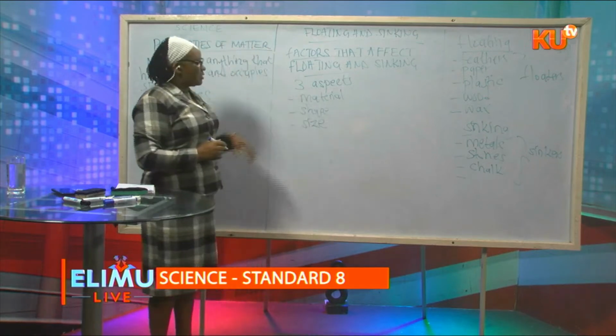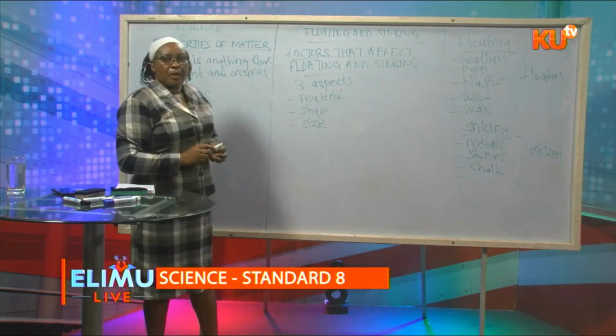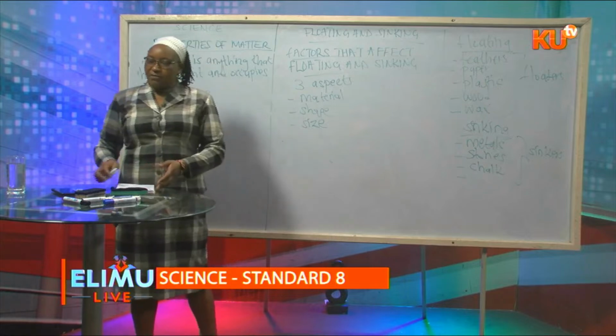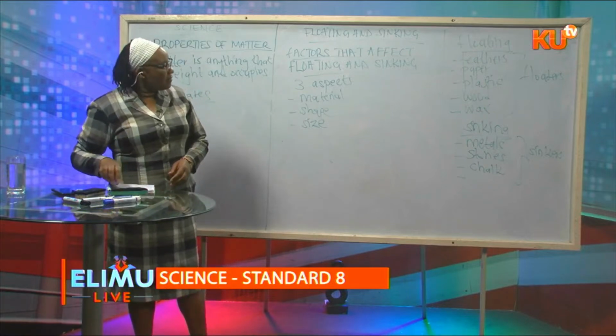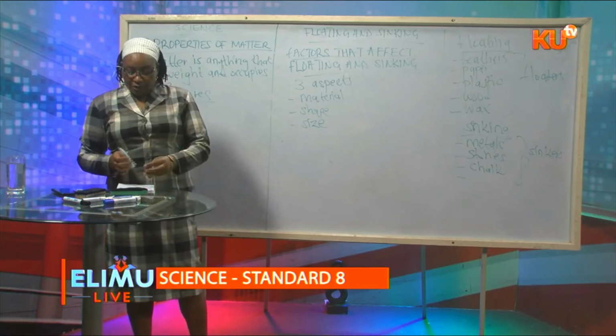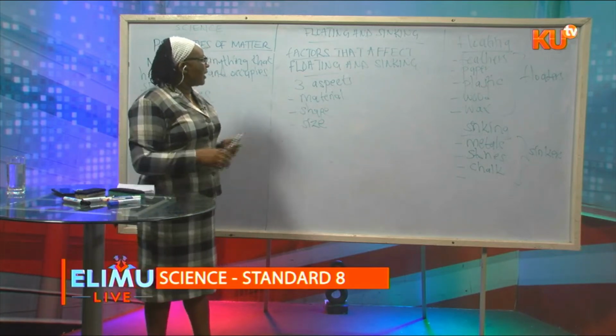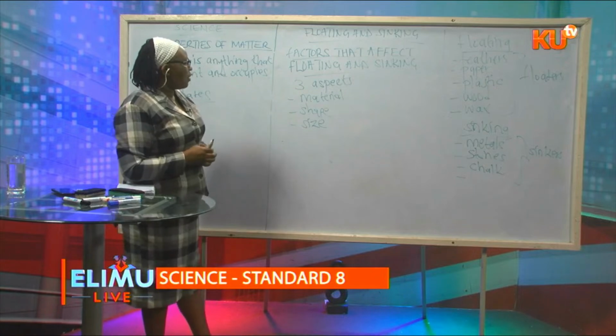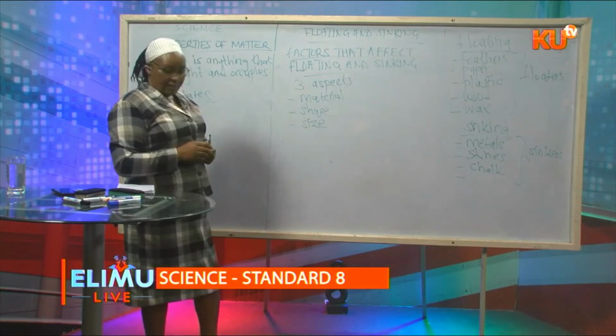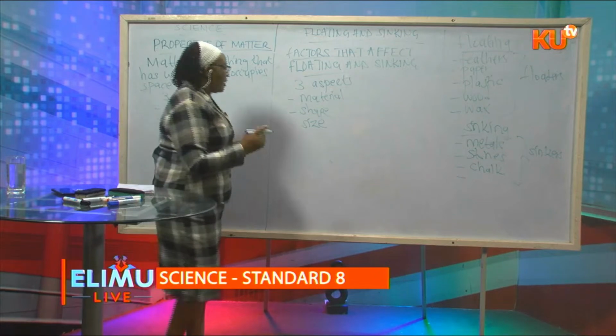These are the aspects which are investigated, and you can do some of these simple experiments at home as we move on. So we investigate these three aspects, and we are going to see how they affect floating and sinking. Now we start with material.